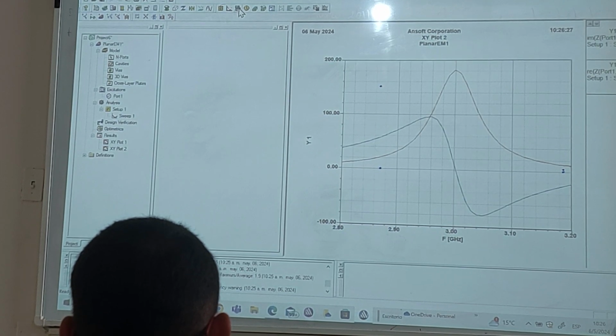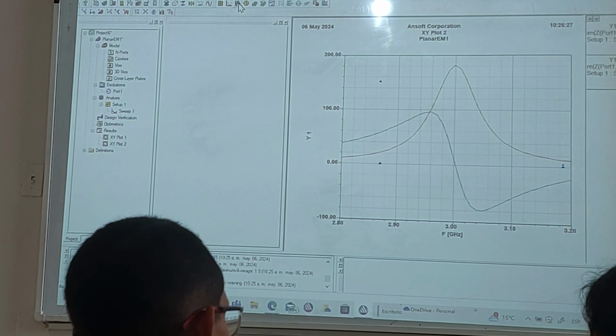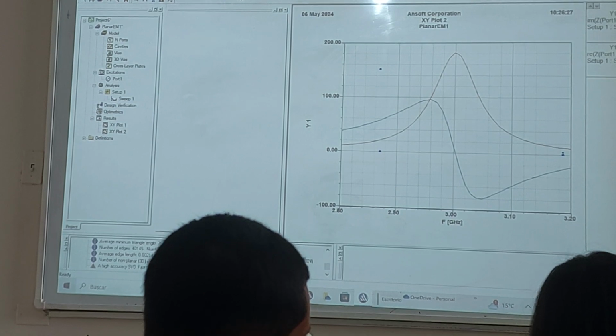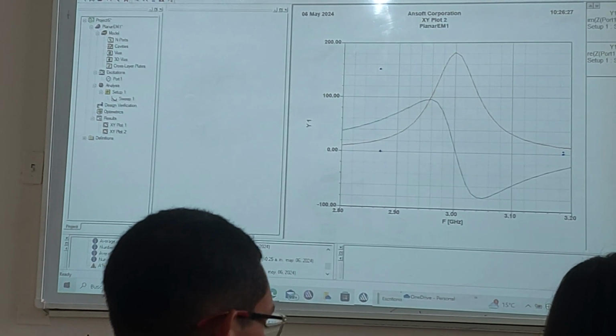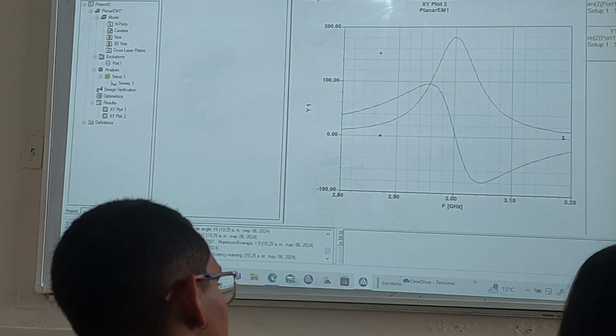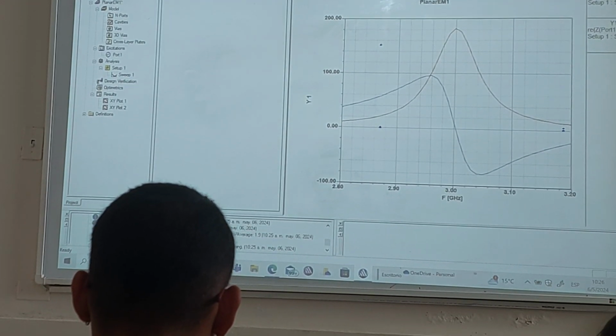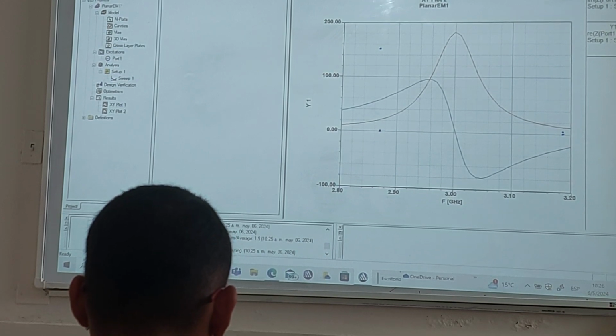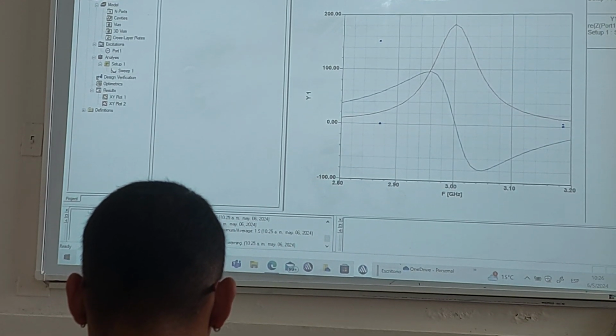Okay? Then if we look at here, if we go 13.5 millimeters, we are in the real impedance exactly in this point.